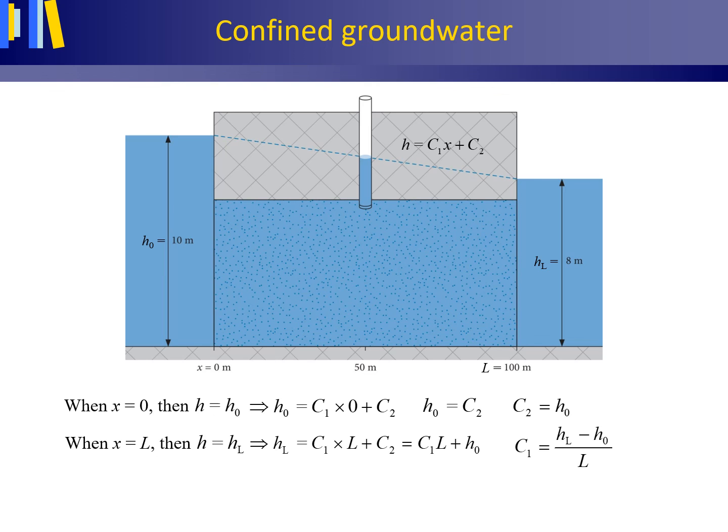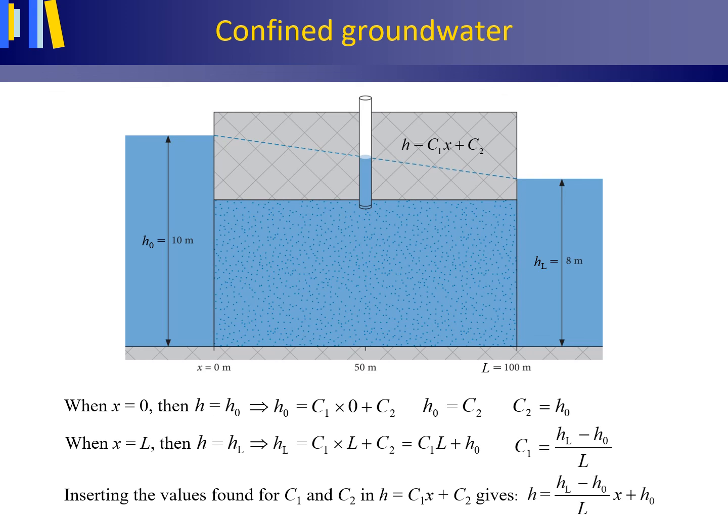So now we have found C1 as equaling HL minus H0 divided by L. Now insert these values for C1 and C2 in the original equation H equals C1x plus C2. Inserting the values found for C1 and C2 in that equation gives this final equation: H equals (HL minus H0) divided by L, multiplied by x, and then plus H0.